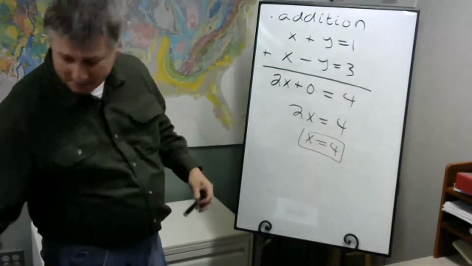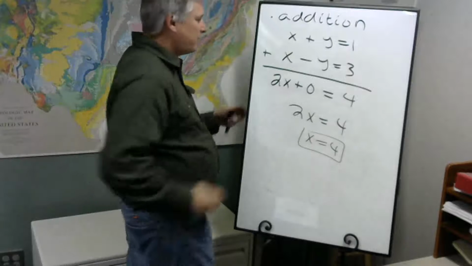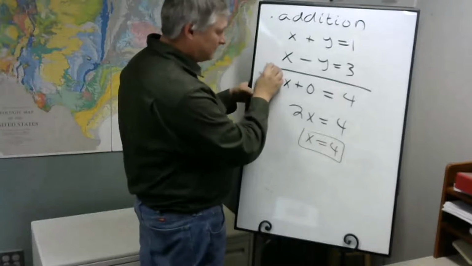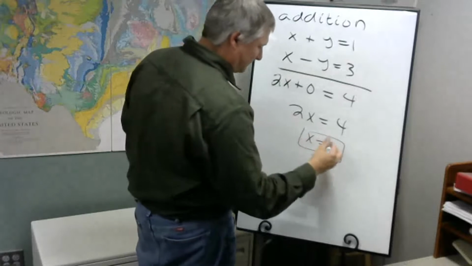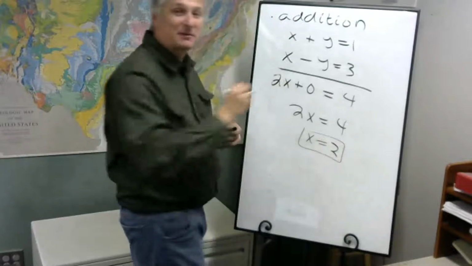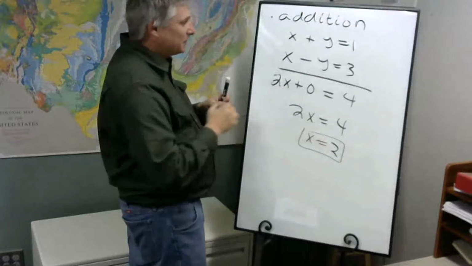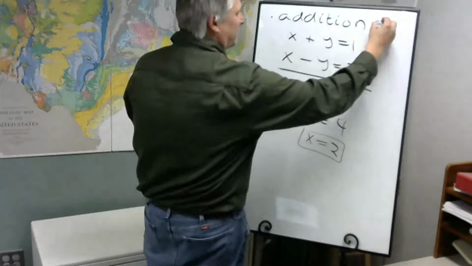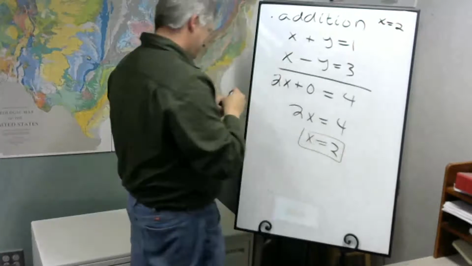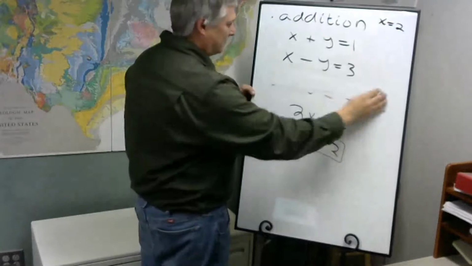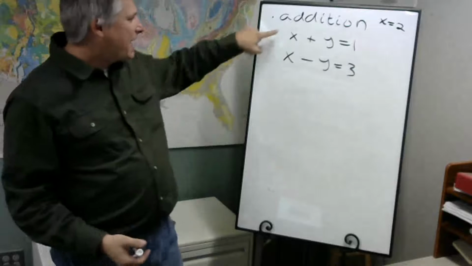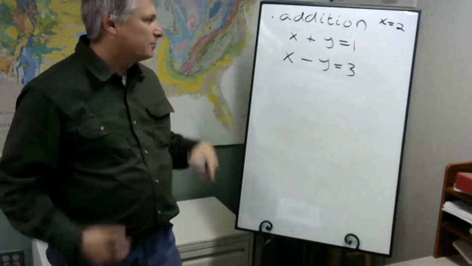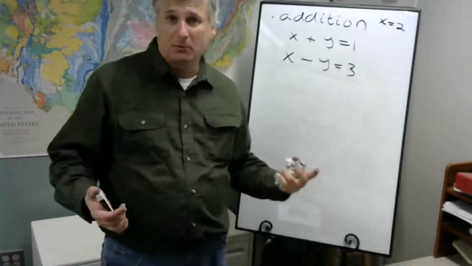Now we've got to find y. What we can do to find y, x equals 2. I'll put that up here so I don't forget. We can take either of these equations, replace x with 2, and solve for y.